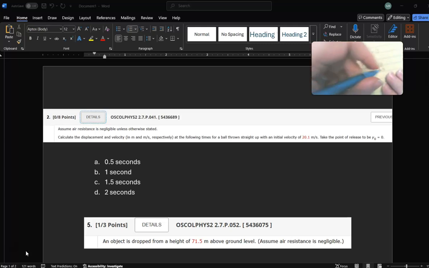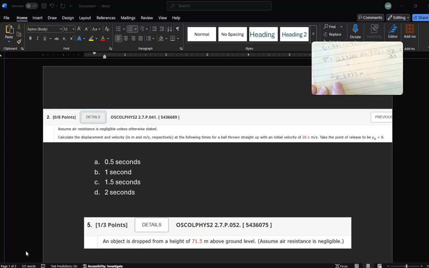Then to find my displacement, to undo the division here, I can just multiply by 0.5. Taking 17.65 times 0.5, I end up with a displacement of 8.825 meters.